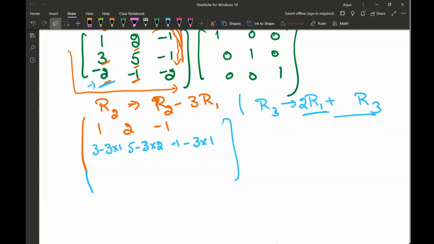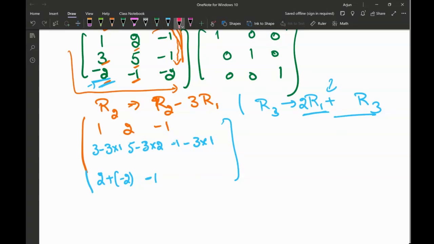So this will be 2 times R1, which is 2, minus 2. Why minus 2? Because I'm adding the terms. R3 is already a negative number, so this is plus minus 2. This is how it's going to look, and this is minus 1.